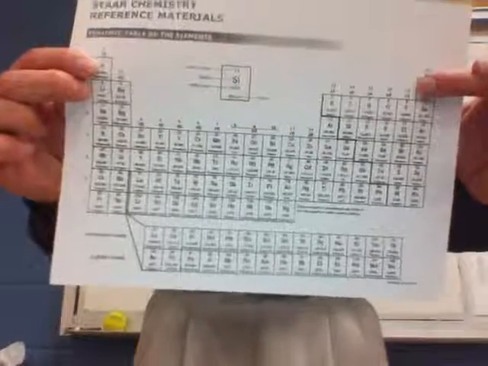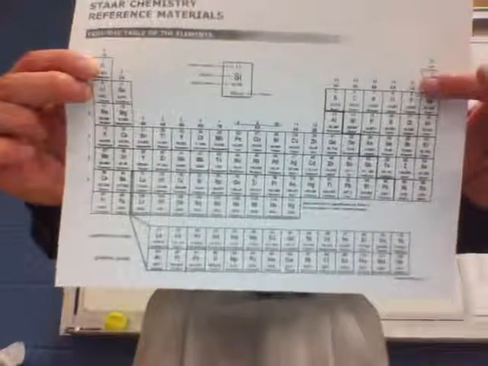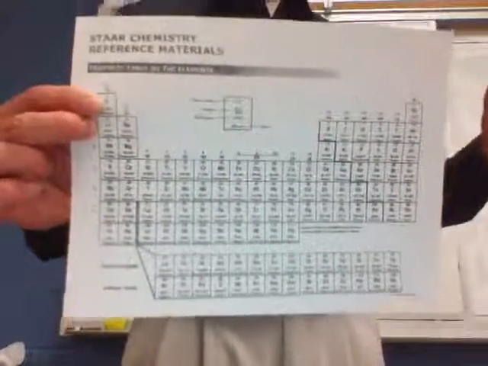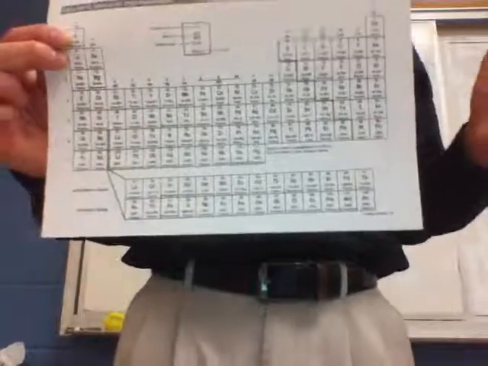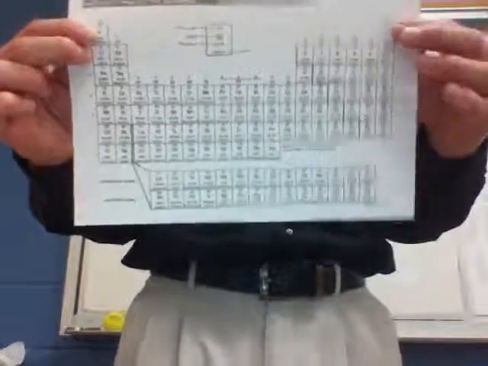How many squares does your finger touch as you run it down that helium column? 6. Guys, those are them. Get excited about it. Those are the noble gases. There's 6 on the table, helium down through radon.